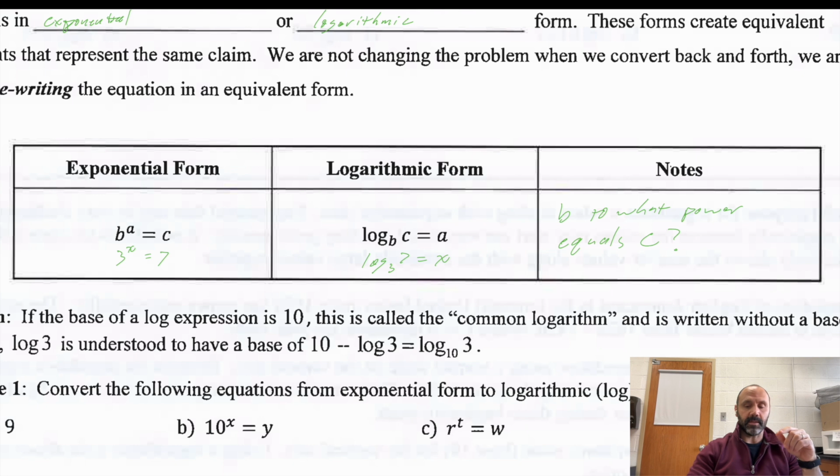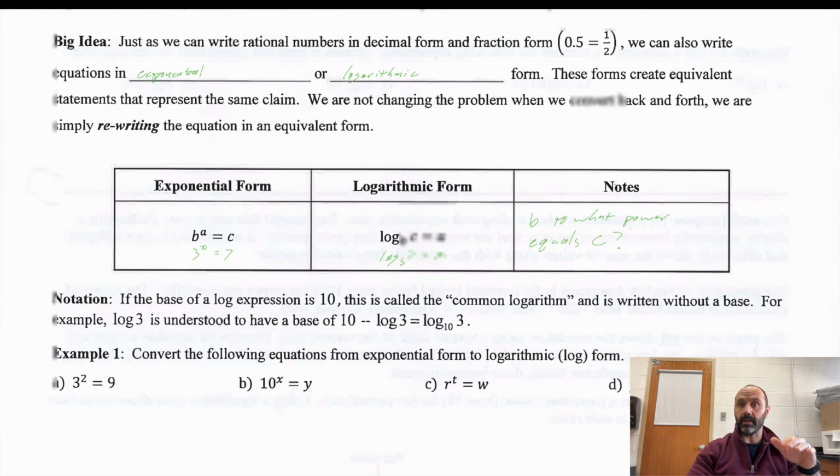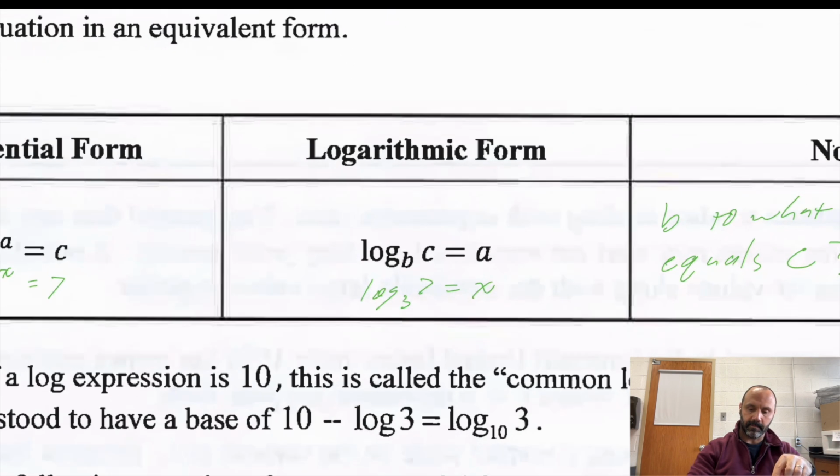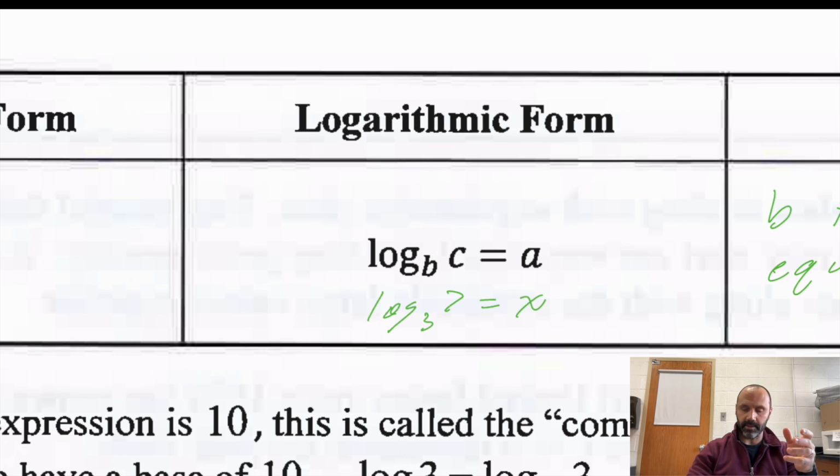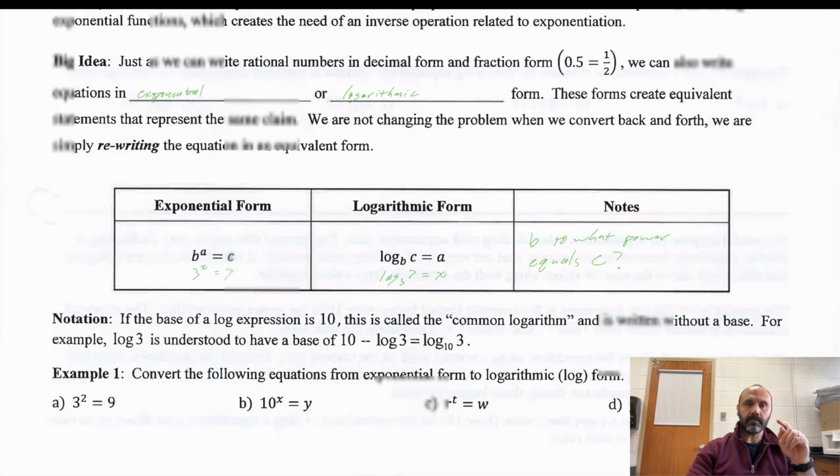Oftentimes when you look at log on a calculator, it's log and then that's it, and it just gives you parentheses and you can put things in. A log without any base written is implied to be log base 10.